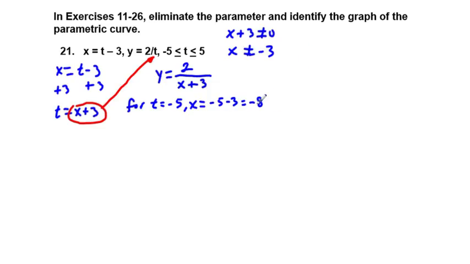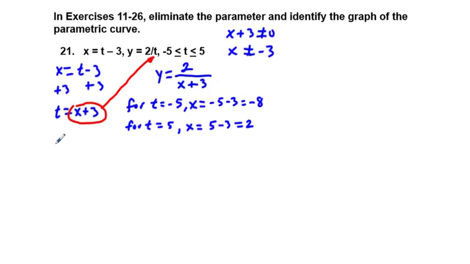So we know we're going to go from t equals negative 5, and for t equals the upper boundary, t equals 5, x equals 5 minus 3, which equals 2. So we're going to go from x equals negative 8 to x equals 2.